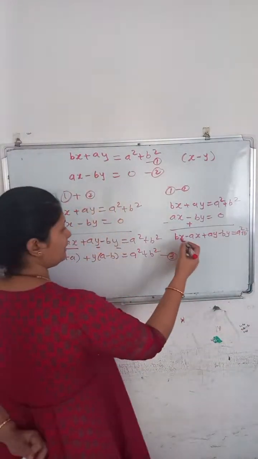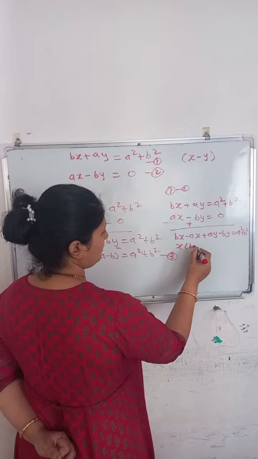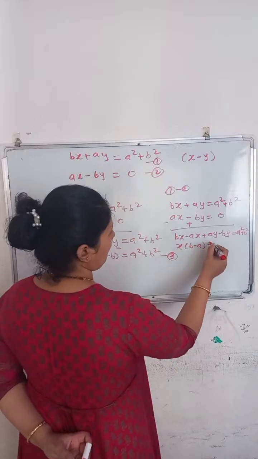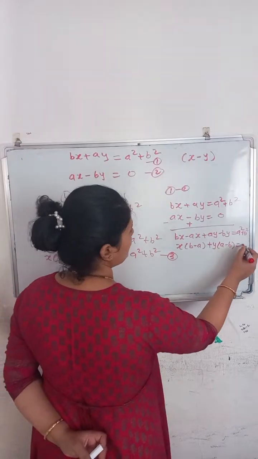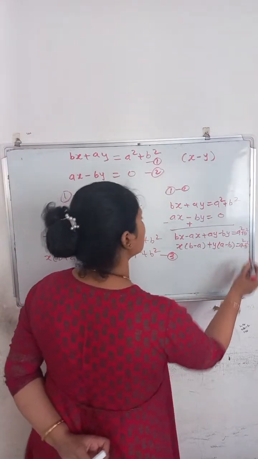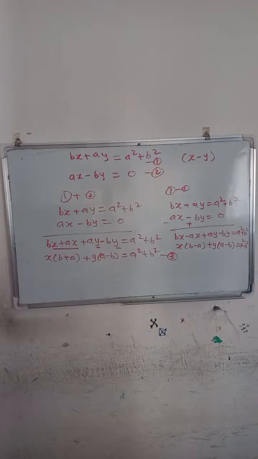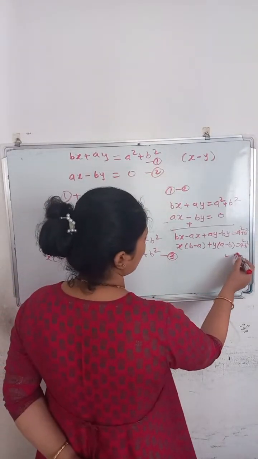Again x comes common, b minus a, plus y common, a minus b, is equal to a square minus b square. I am getting this as equation number 4.